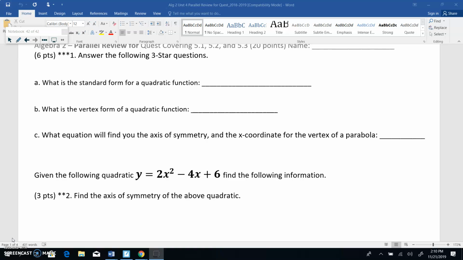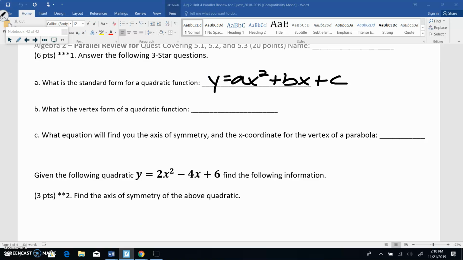If you are going to go with the fill in the blank 3 stars, the first question is, what is the standard form of a quadratic equation? The standard form is y equals ax squared plus bx plus c. Okay?